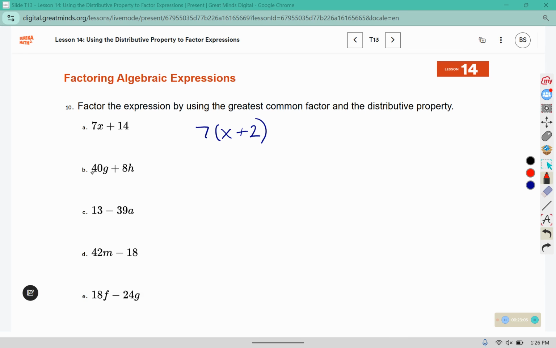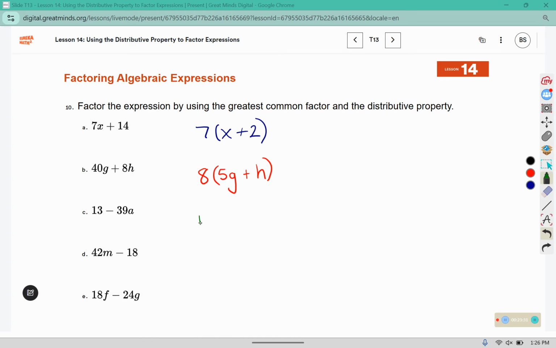In this next one, between 40 and 8, 8 goes into 40, so that is the greatest common factor. 8 times 5 would give us 40, so we need 5g. And 8 times 1h would give us 8h, but we're just going to write a single h.